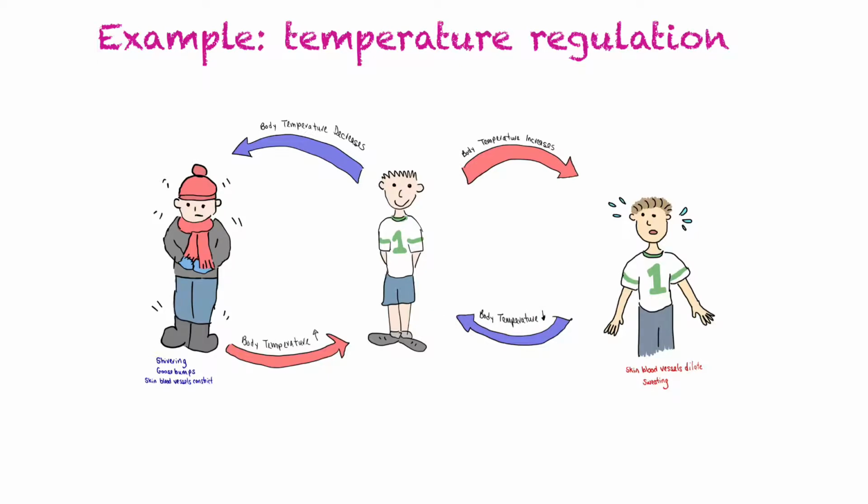Now, if we are too cold and our body temperature decreases, the hypothalamus will cause the blood vessels in the skin to constrict and will prevent blood from going to the skin and actually redirect it to the core, which is why our fingers and our toes and our nose get cold when we're outside in the cold, because we want to protect our vital organs more than the tips of our nose. So it will reduce losing heat from the body that way. The hypothalamus will also cause our skeletal muscles to start contracting through a process known as shivering, and shivering will generate heat.